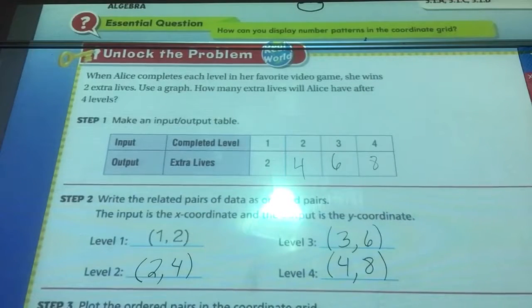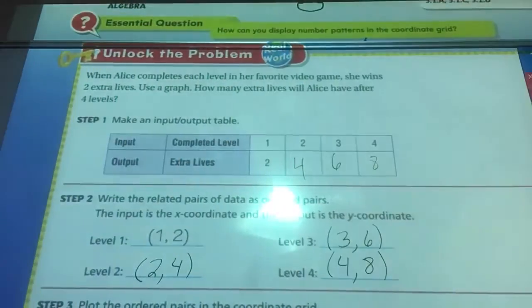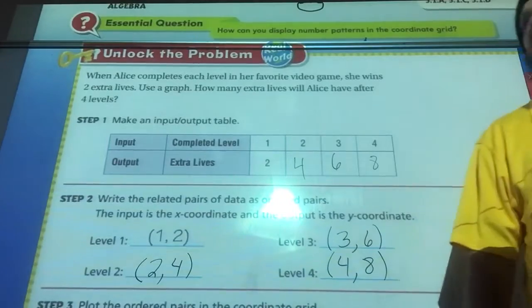You know what I just noticed? What'd you just notice? Level 3, 2 times is 6. Yes. And then 2 times 2 is 4. Excellent. And 4 times 2 is 8. Good.